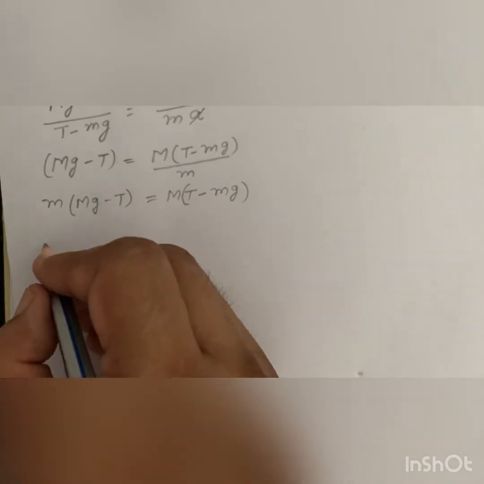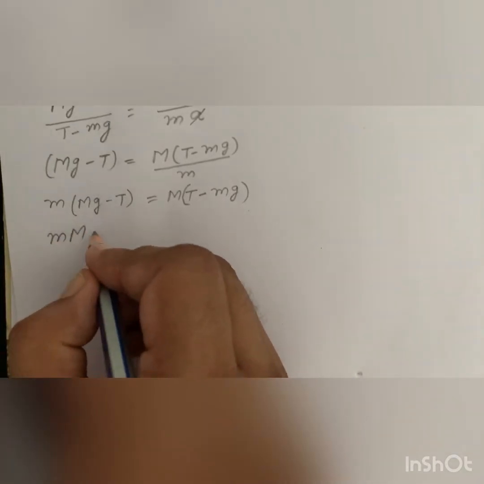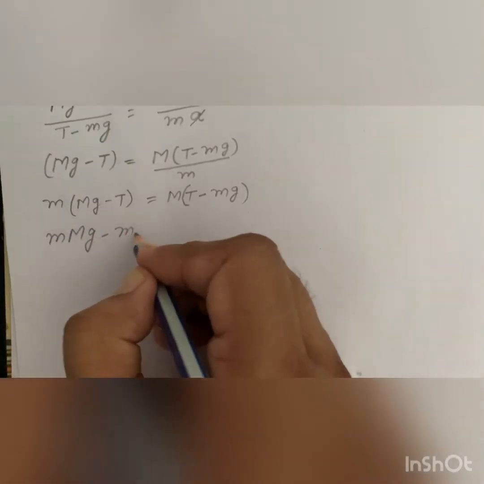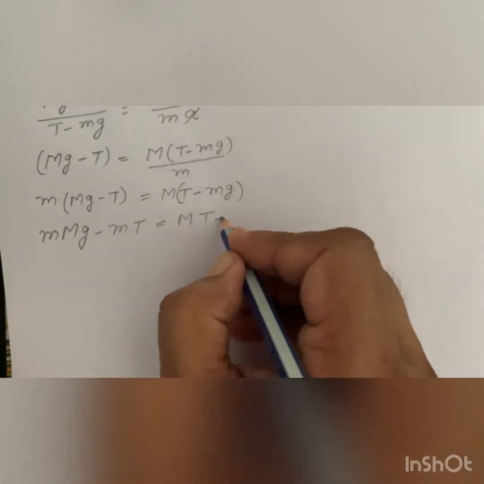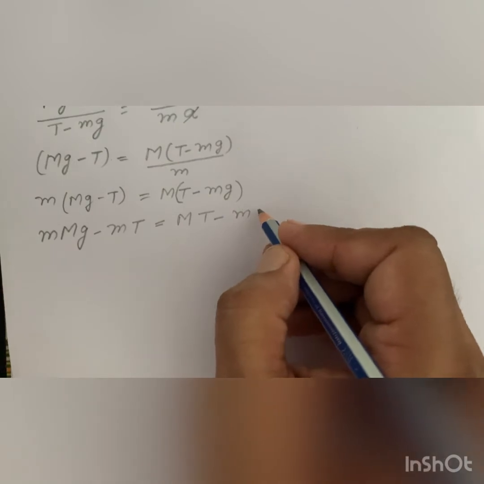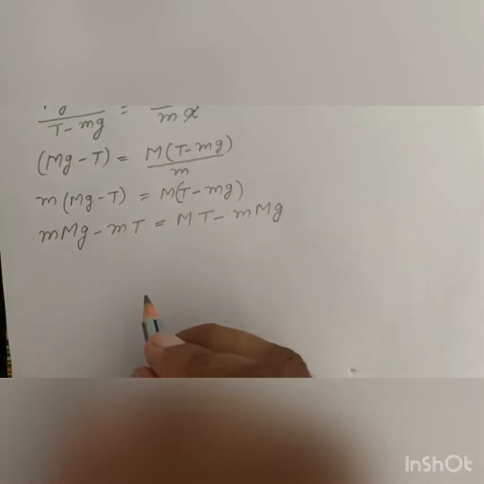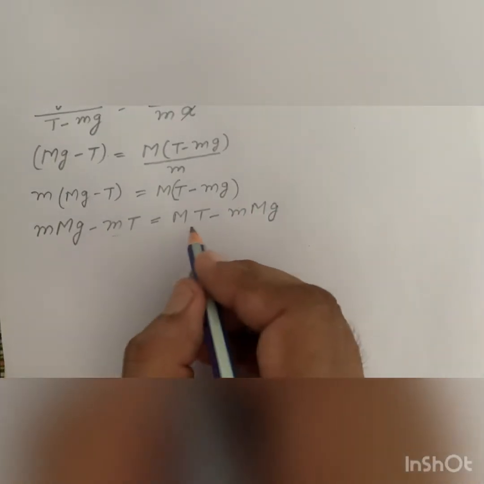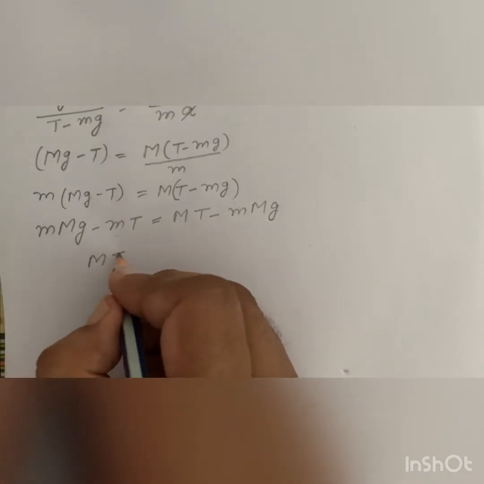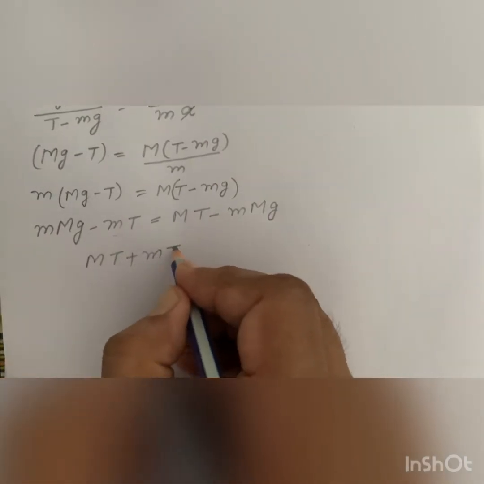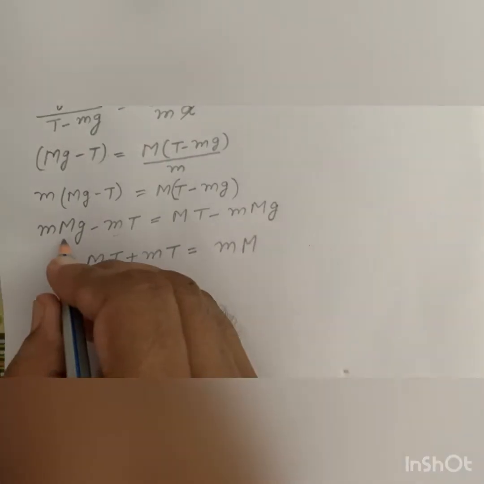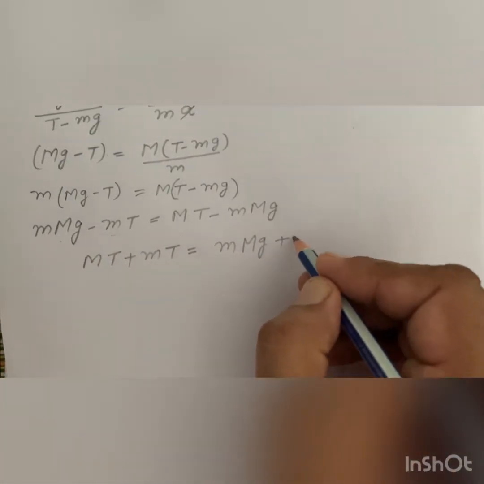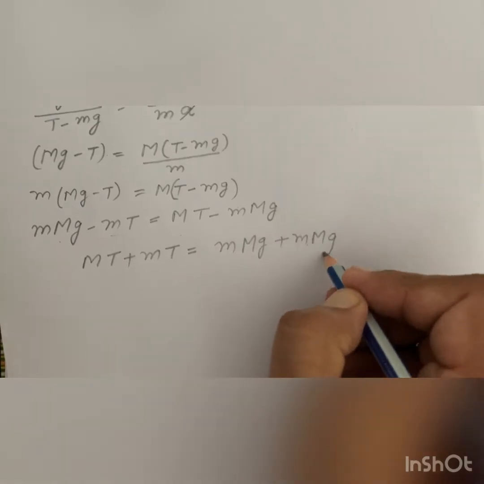Or we get mMg minus mT equal to MT minus Mmg. So we take this mT to this side, we get MT plus mT equal to mMg plus Mmg.